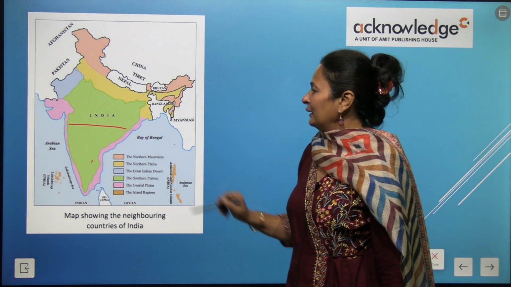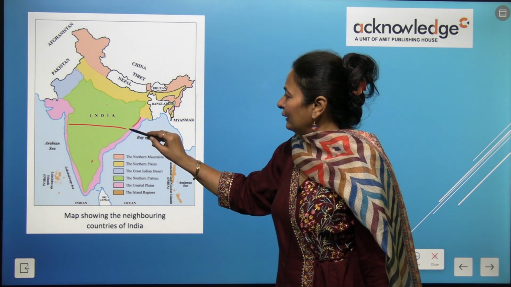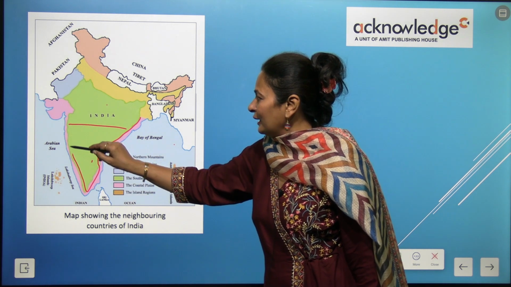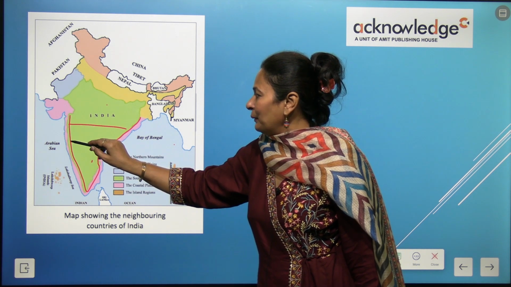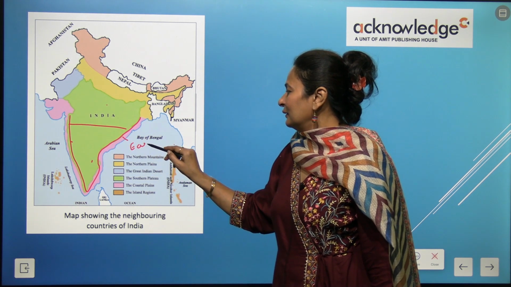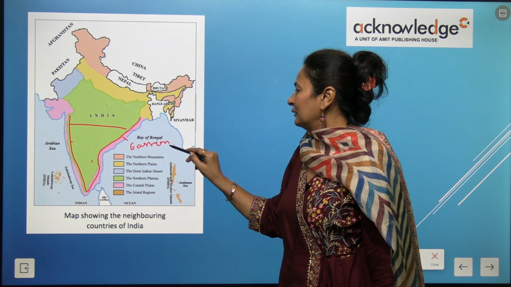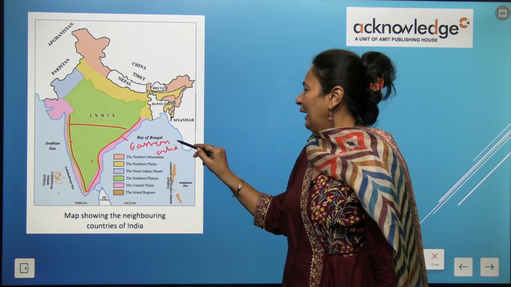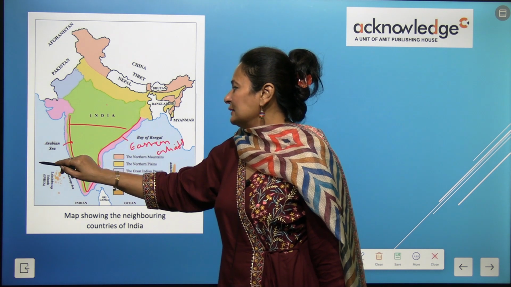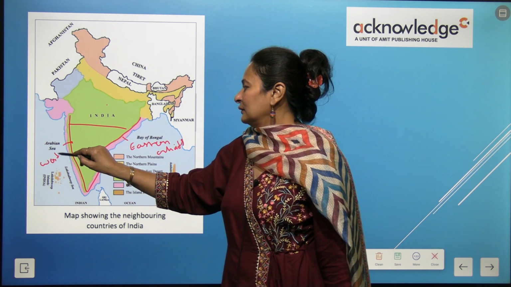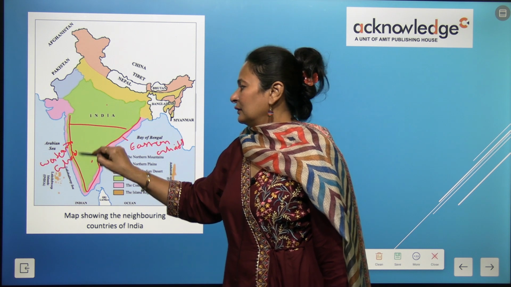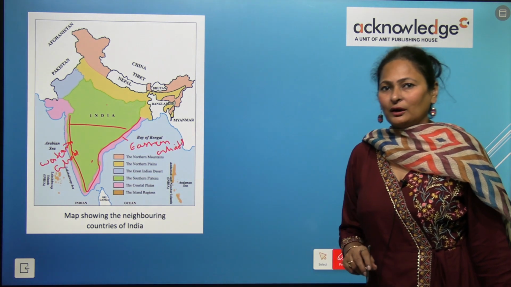Got it? And the plateau has mountain ranges. In the eastern part, it is called Eastern Ghats. And in the west, it is Western Ghats. Okay, kids? Got it?